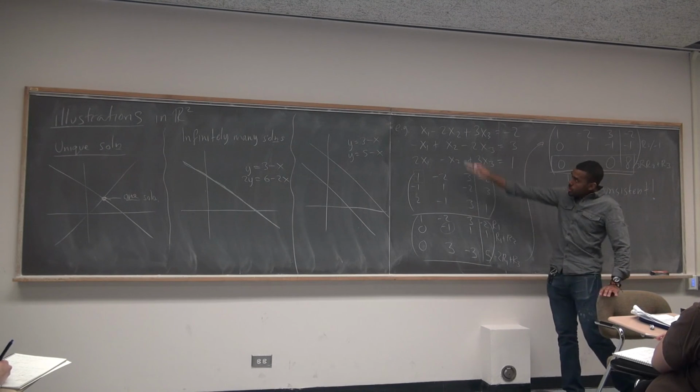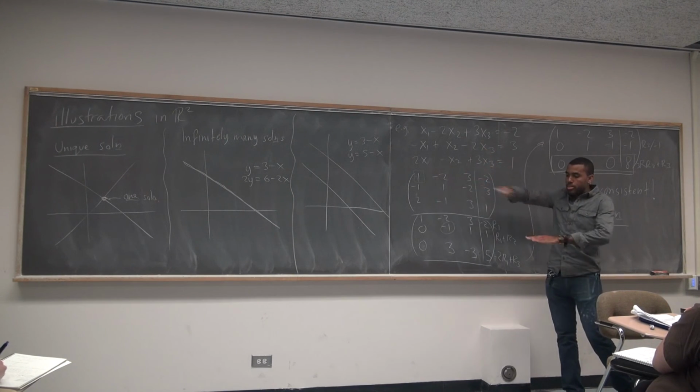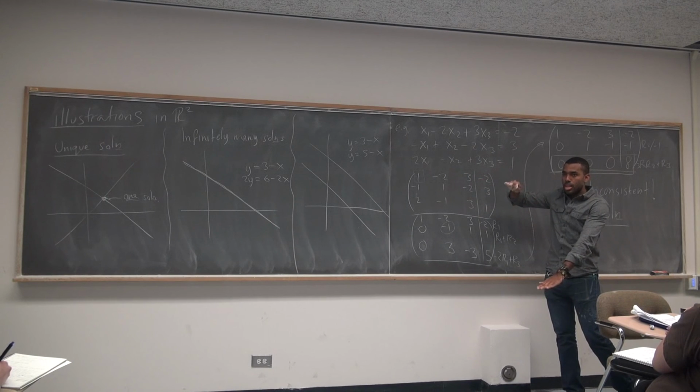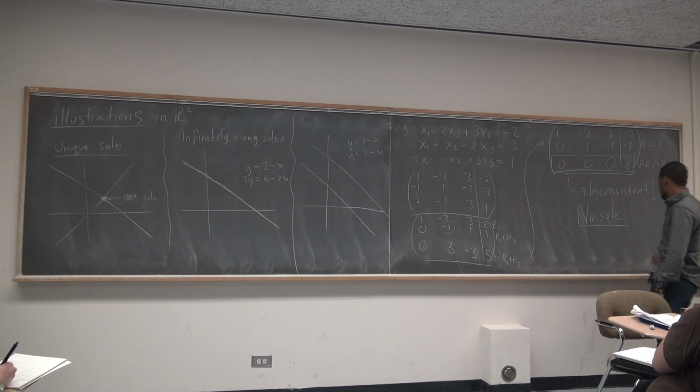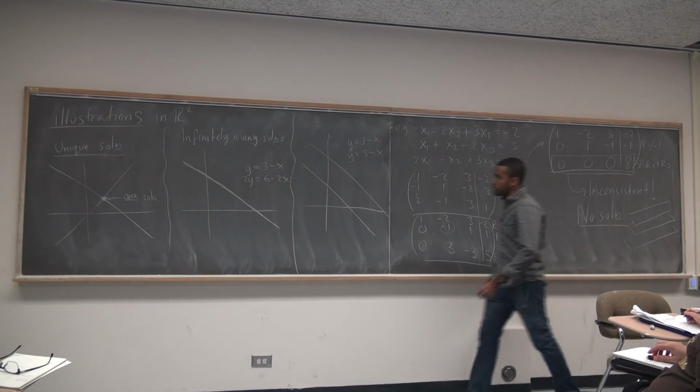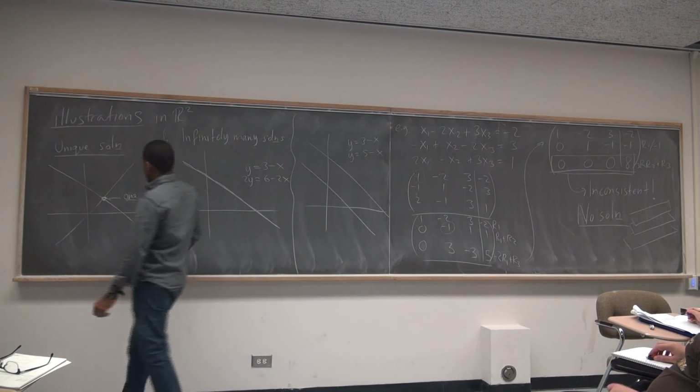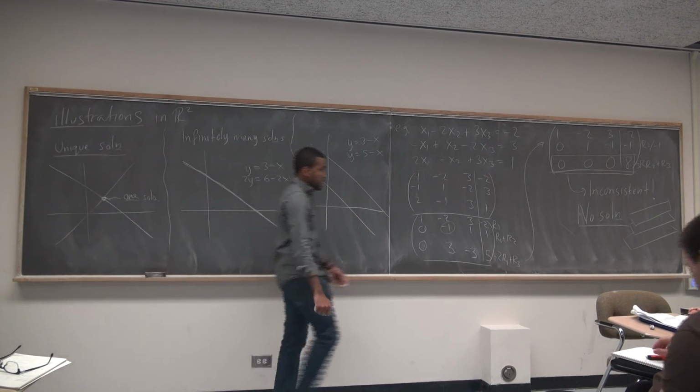Basically, if you're thinking in 3D, like Calc 3, it means I have 3 planes that are parallel, but they never touch. That's basically what happened here. I had a plane going like this, and then there's another plane down here, and there's another plane down here. They never touch each other. And it's possible for 2 of the planes to intersect.